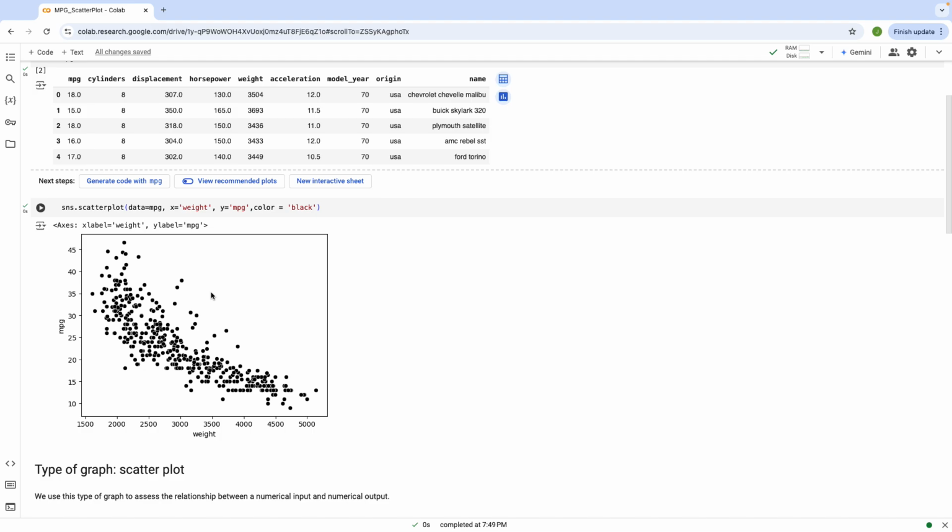Now I use the word generally here because it's not true of every single comparison. For example, this point here, the car does not weigh very much, but its MPG is under 20, as compared to this heavier car here that's nearly 4,000 pounds, gets an MPG between 20 and 25.